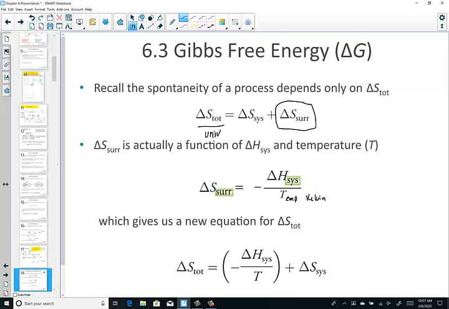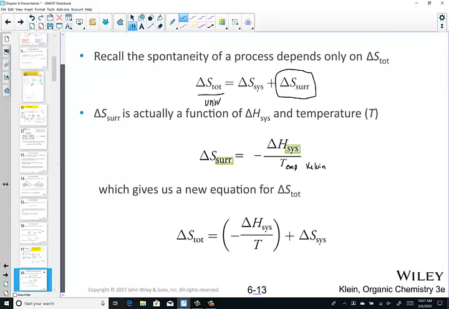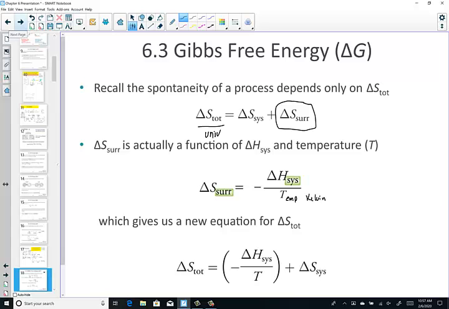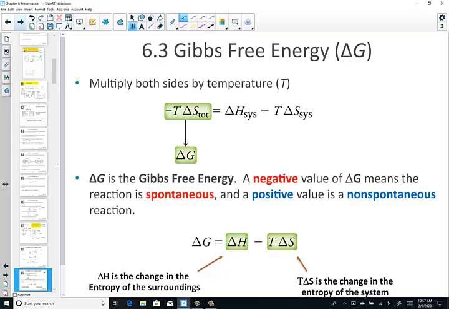And what we're leading into is the Gibbs free energy equation. I'm not asking you to memorize the workup to it, but you will have to understand the Gibbs free energy equation to predict if a reaction will be spontaneous. So as we rearrange the enthalpy term and the entropy term, we define Gibbs free energy. And again, this was worked up for you in your Gen Chem 2 series.